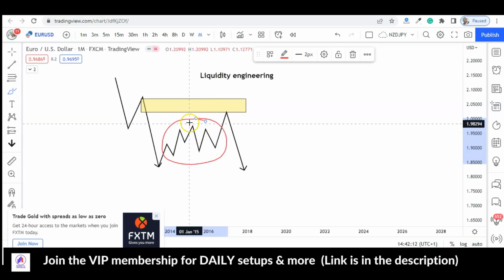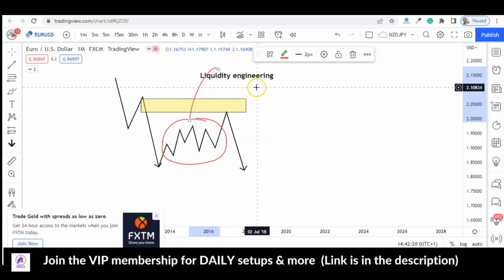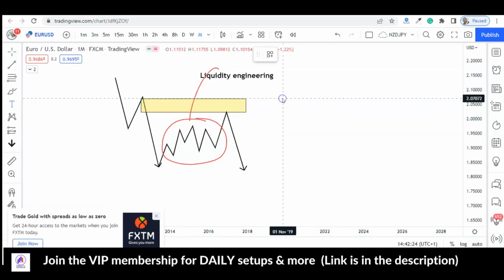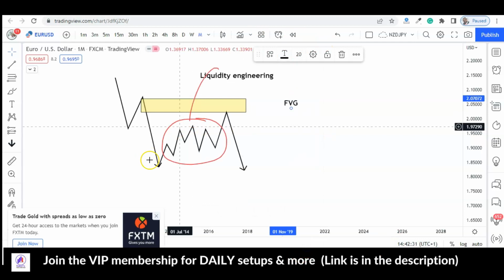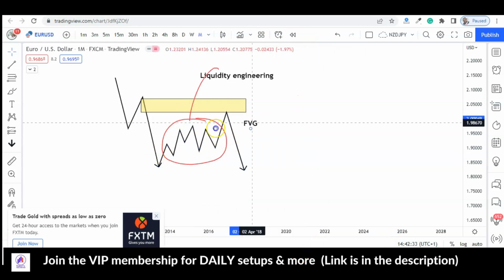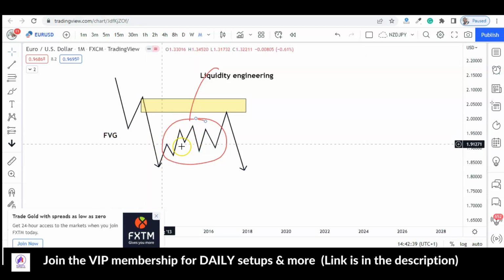is liquidity engineering, okay? So you have to anticipate the liquidity engineering to take place. And how do you do that? You do that with a very familiar feature, you know, FVG. Most of the liquidity engineering takes place inside the FVG, and that is why I don't trade the FVG blindly, okay?